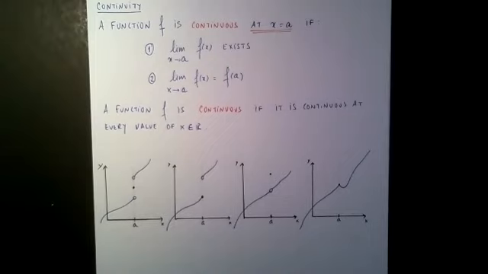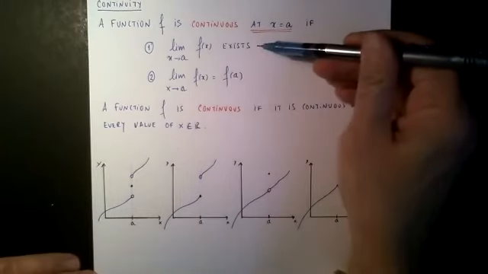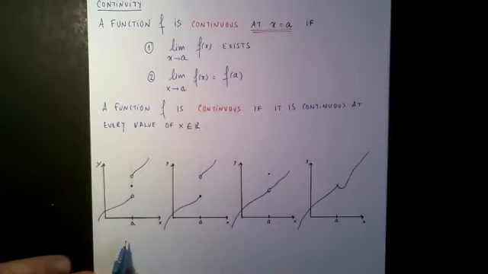Okay, so for each function, I'm interested in knowing if the function is continuous at x equals a. So let's start with the first one. I need to check 2 things. That the limit as x approaches a exists. So does it exist here if x approaches a? You remember this? How do you know if the limit exists? If the left limit and the right limit are the same. Very good.